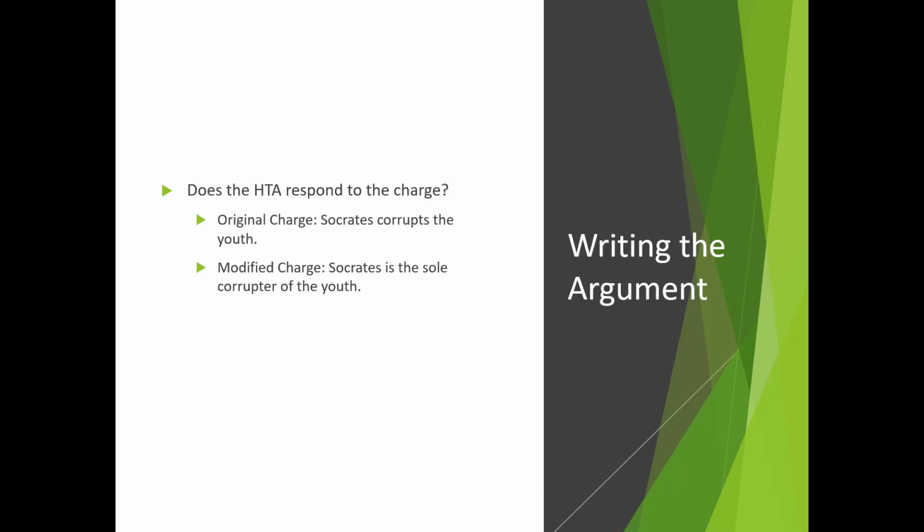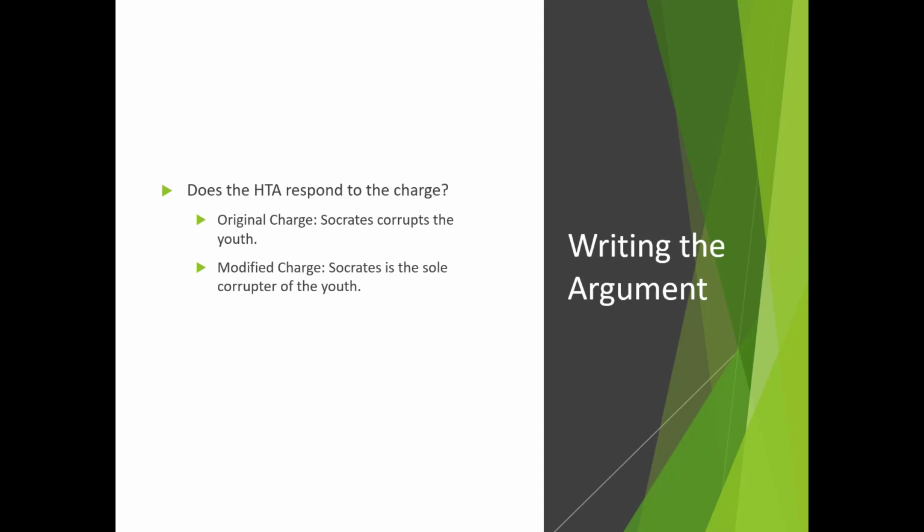And the reason why is because the horse trainer analogy is aimed at the modified charge, that he's the sole corrupter. And so, although he seems to clearly imply that he, Socrates, is the horse trainer, he doesn't actually explicitly say that. So, the original charge is that Socrates is a corrupter, and the horse trainer analogy does leave it open that Socrates is one of the many who's corrupting the youth.